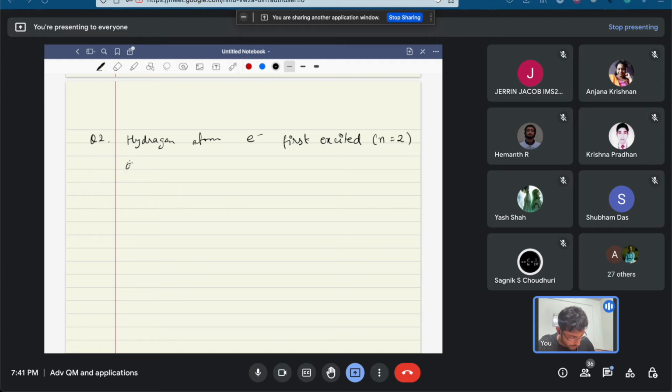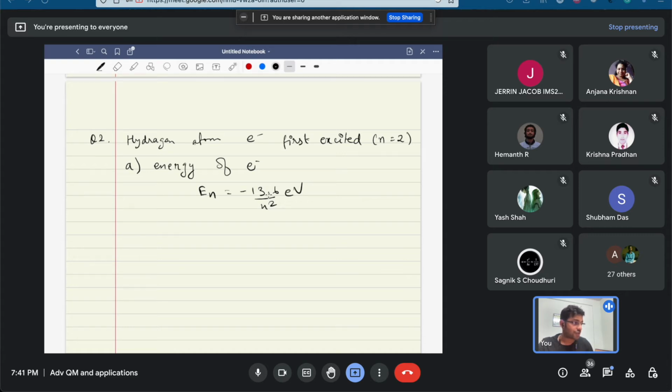The first part was to find the energy of the electron. For some of you it might be very easy. For the hydrogen atom, we know that the energy of each state is given by minus 13.6 divided by n squared eV. I think everyone is very familiar with this formula.